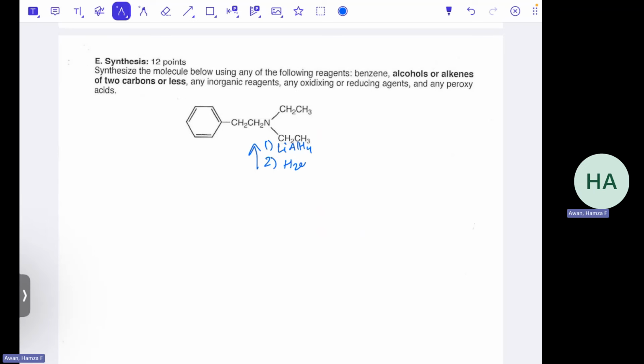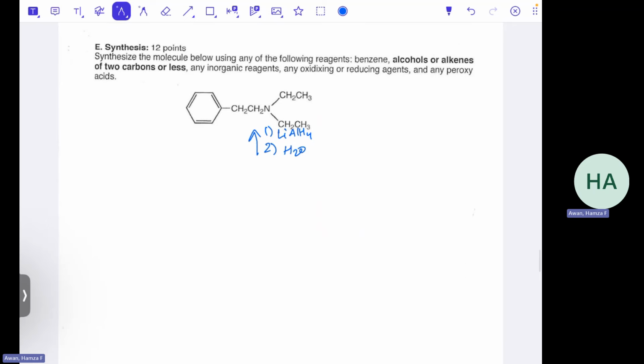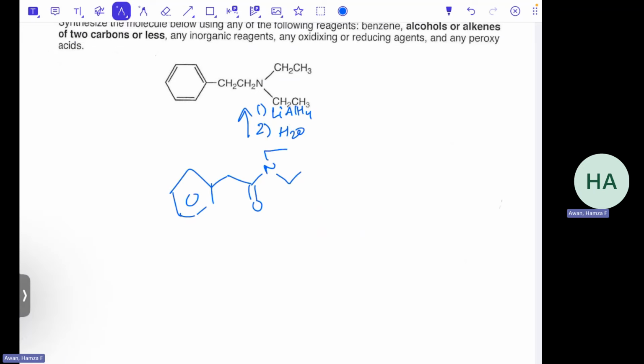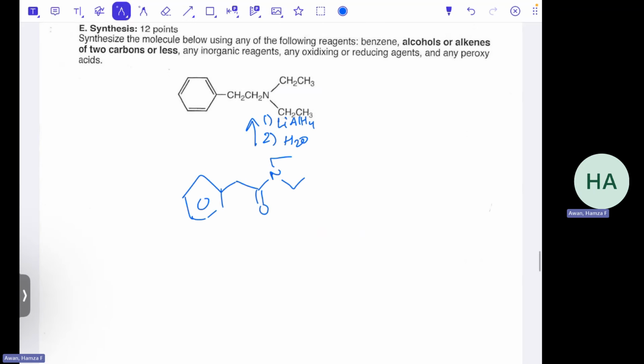And what that's going to do is cause this carbon to have a carboxyl group on it. So we have our benzene ring CH2CH2 double bond O bonded to the N with the CH2CH3 CH2CH3. So we have this structure now.